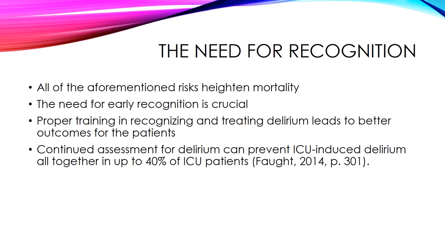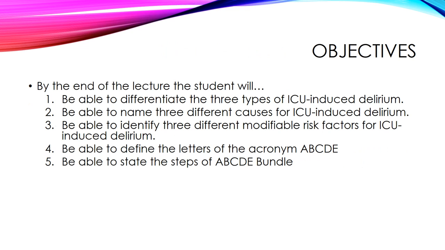All of these risks heighten their mortality, and early recognition is the most powerful way to prevent and treat delirium in these patients. Proper training in recognizing delirium is a nursing-powered intervention, and continued assessment for delirium can prevent ICU-induced delirium in up to 40% of patients.